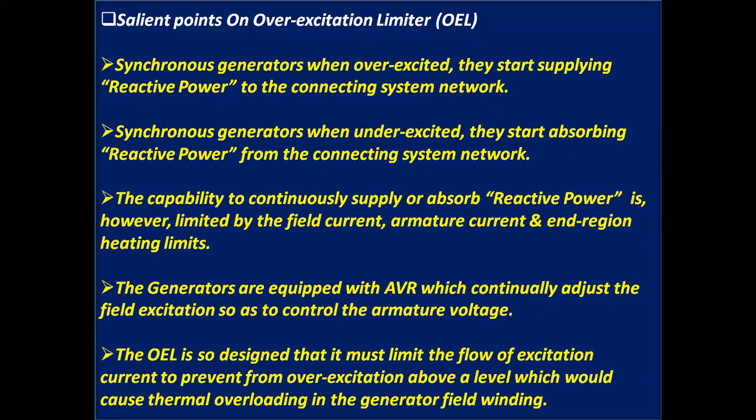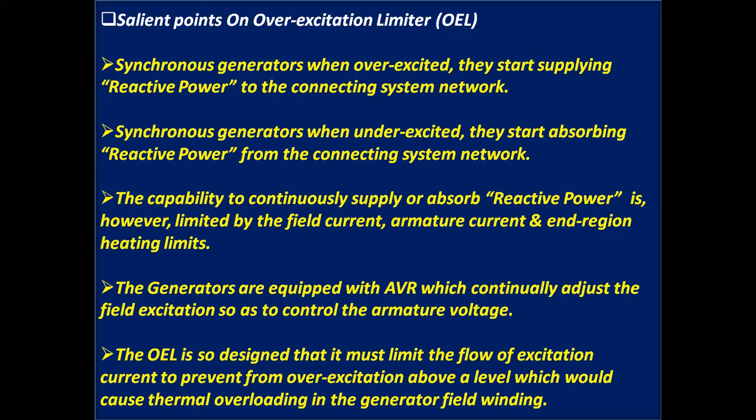Salient points on overexcitation limiter. Synchronous generators, when overexcited, start supplying reactive power to the connecting system network. Synchronous generators, when underexcited, start absorbing reactive power from the connecting system network.